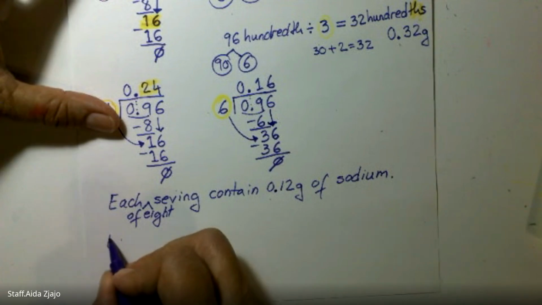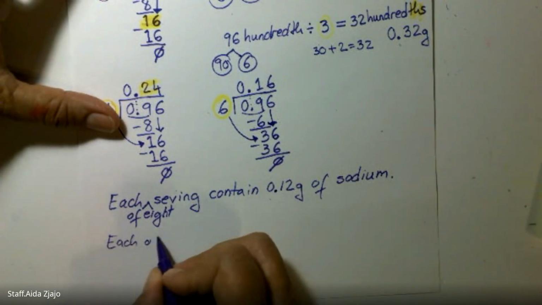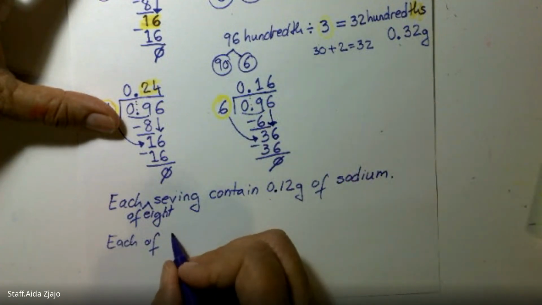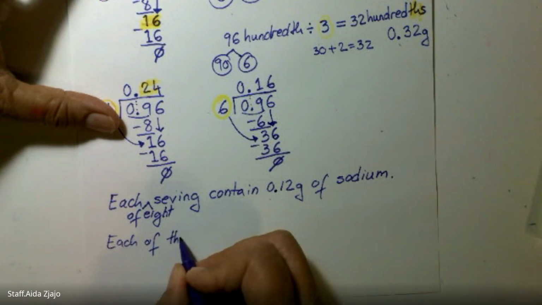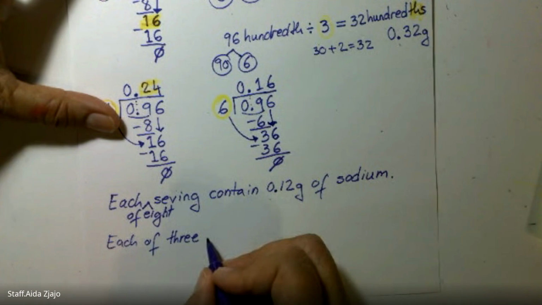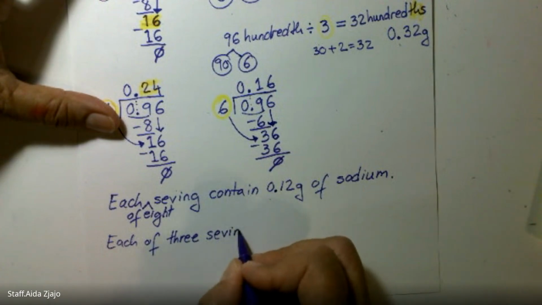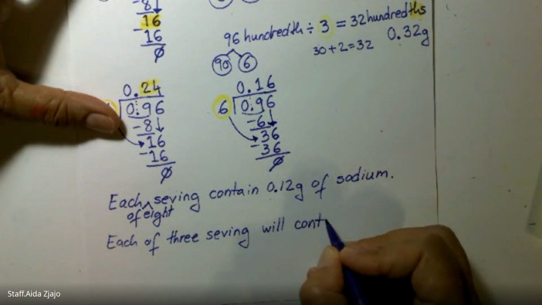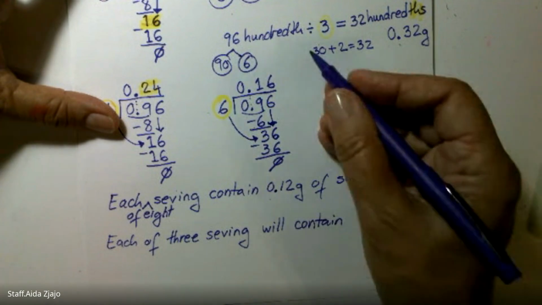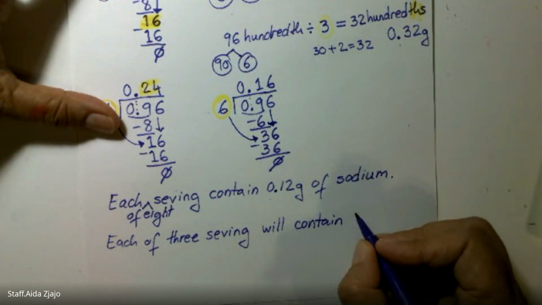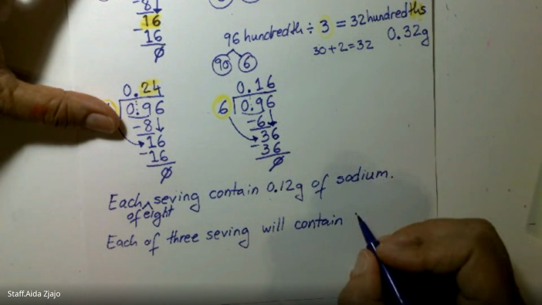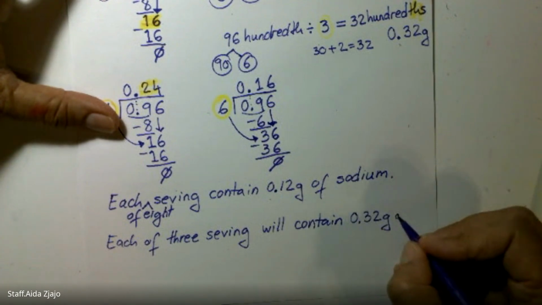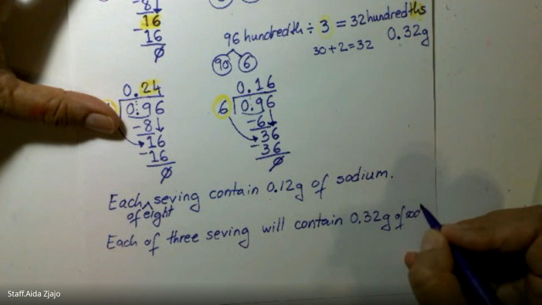Okay, so each of, for example, 3 servings will contain 32 hundredths, or 0.32 grams of sodium.